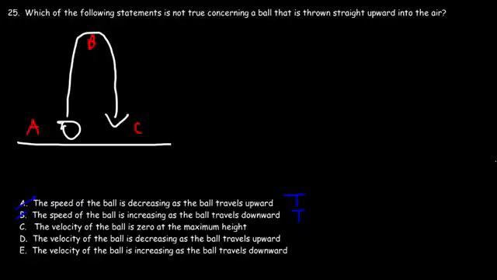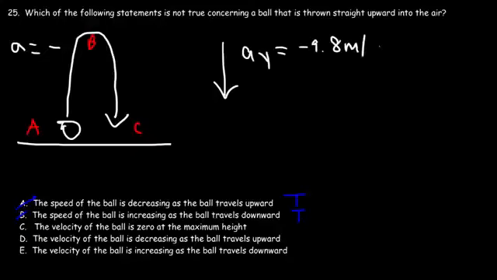So let's analyze the first part of the trip. So from A to B, when the ball is going up, the acceleration is negative because gravitational acceleration is always downward. a_y, the acceleration in the y direction, is negative 9.8 meters per second squared. Gravity brings things down. So the acceleration for the left side and the right side will always be negative.